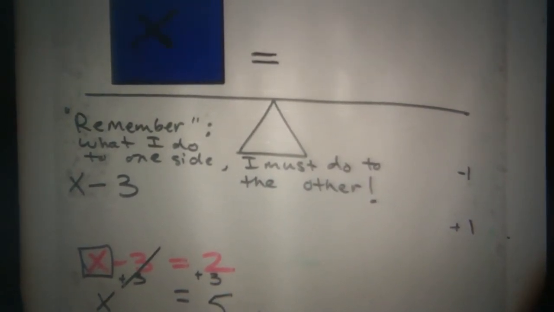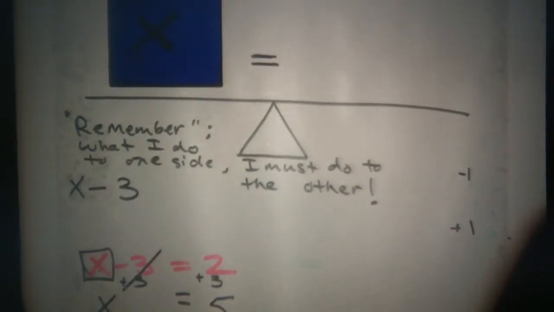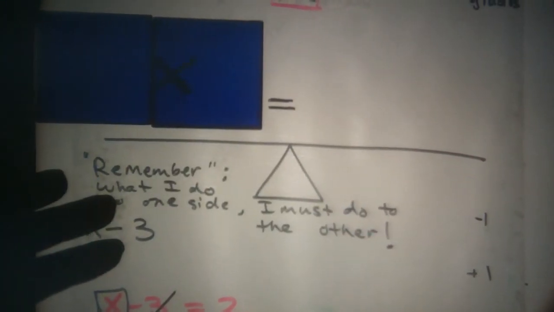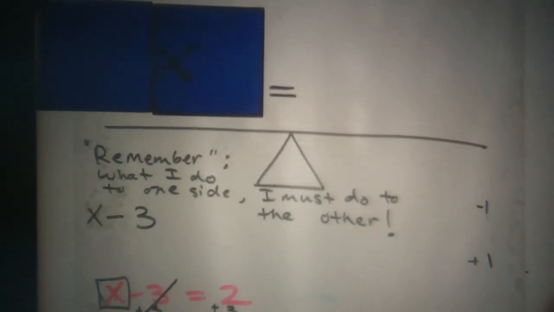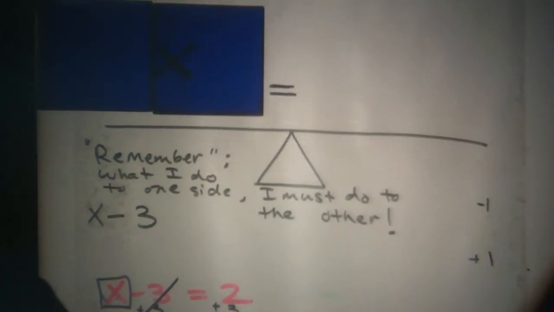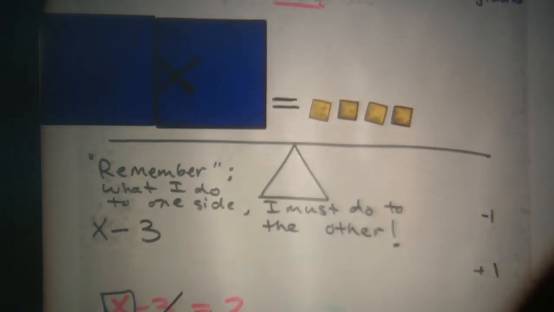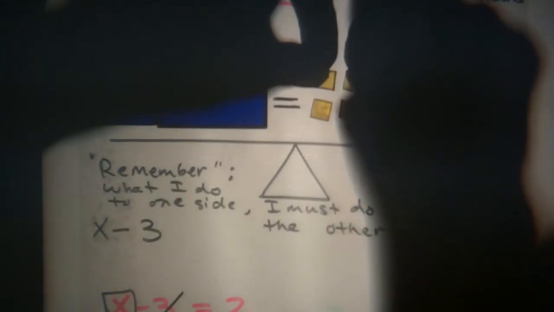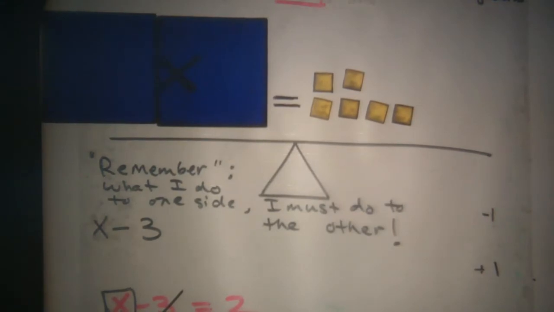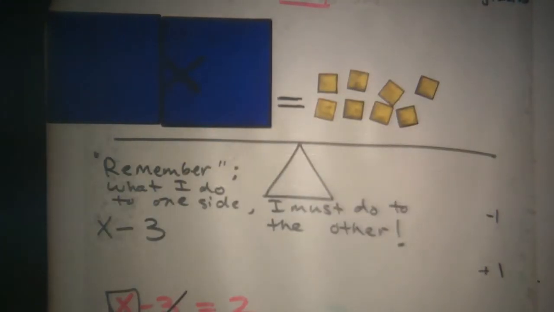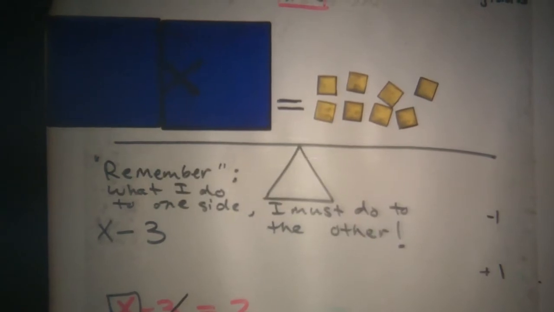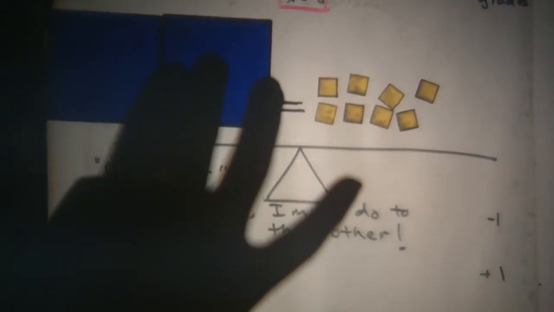If we have, let me see, if we have 2 x's here, and then I have 8 on this side. So you put 8 yellows on this side. And I have 2 X tiles on this side.